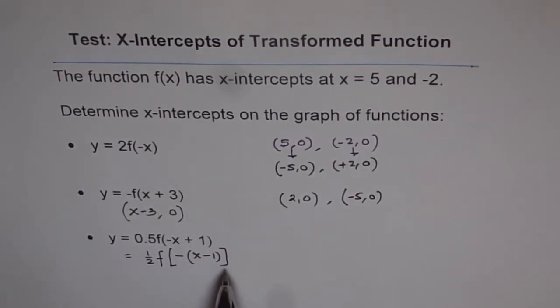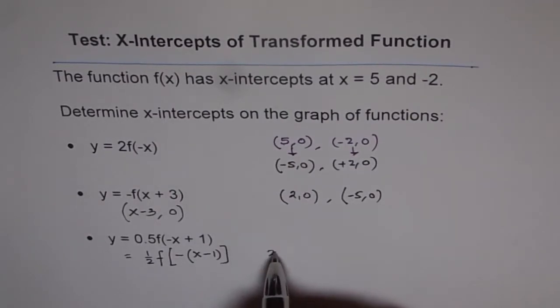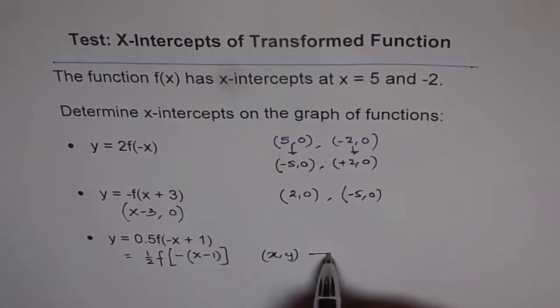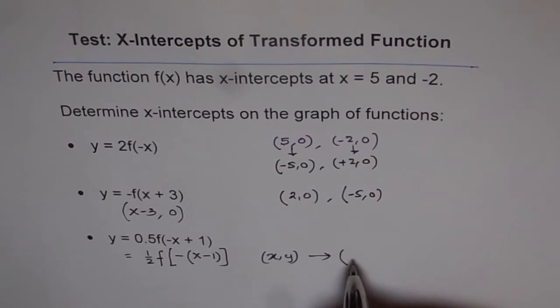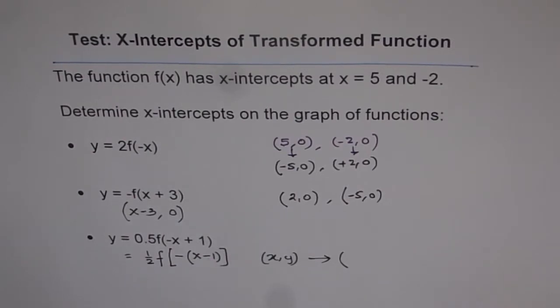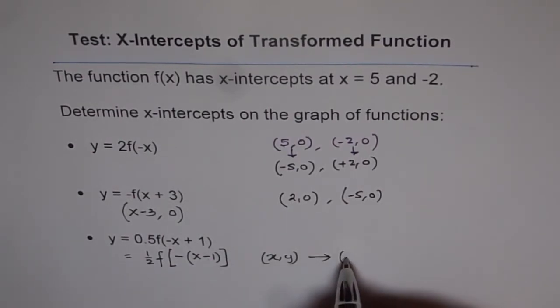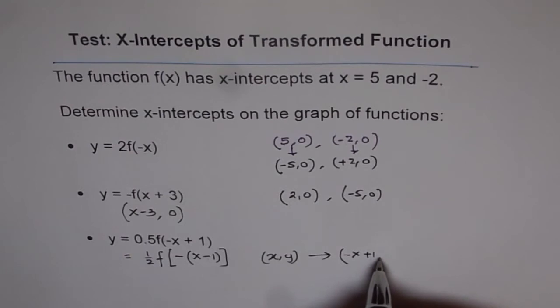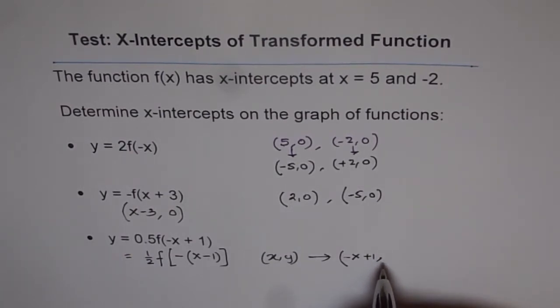Now that leads to the transformation where the point (x, y) gets transformed so that x values will be negative, and then moving 1 unit to the right, so we add 1. So you have minus of original plus 1, and as far as the y point is concerned, it will be half of the original y. Since y is 0 for our intercepts, it will remain 0, right?